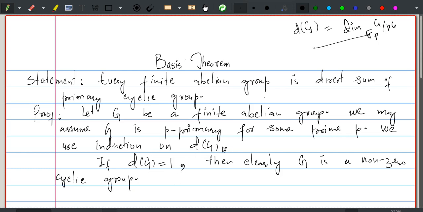Now assume the result is true for all finite abelian groups, say H, such that d(H) is less than d(G).